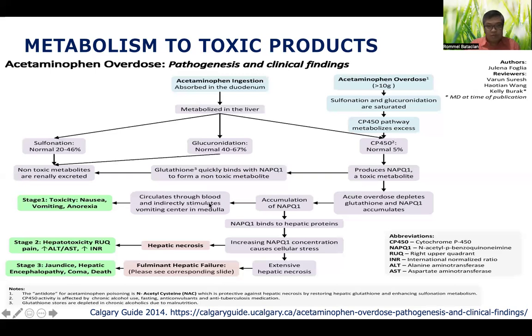So that's why one of the important medications given for paracetamol or acetaminophen overdose is N-acetylcysteine, because it binds with the NAPQ1, similar to glutathione. So when you bind it with the NAPQ1, you're already neutralizing it, making it a non-toxic metabolite, and hopefully you eliminate it through the urine or through the kidneys.